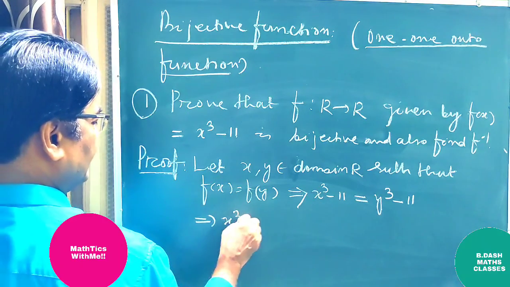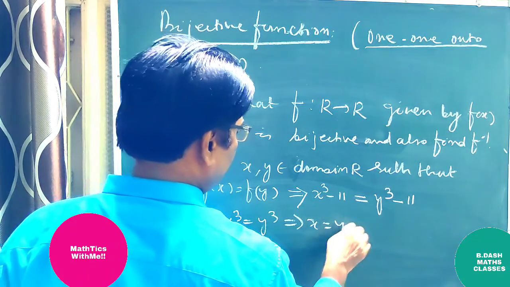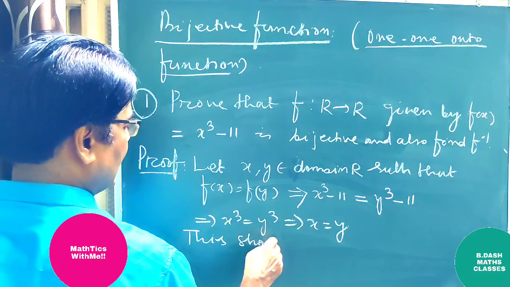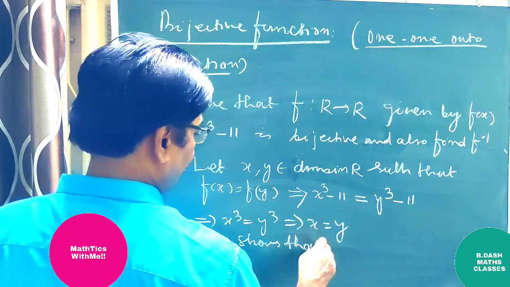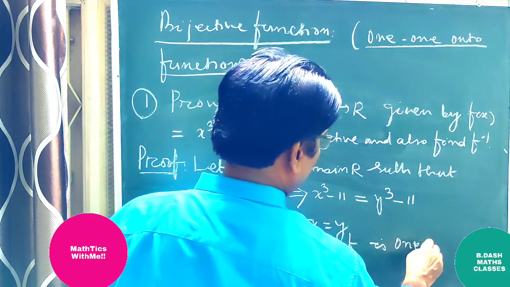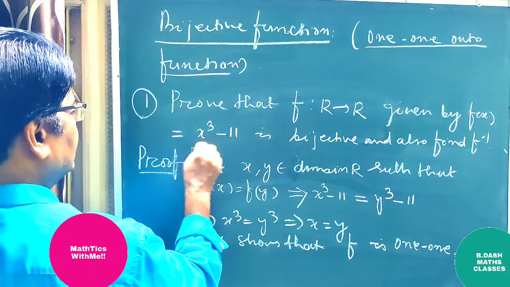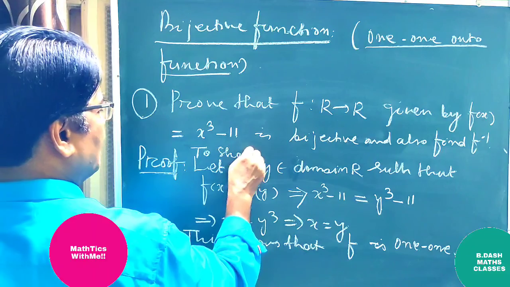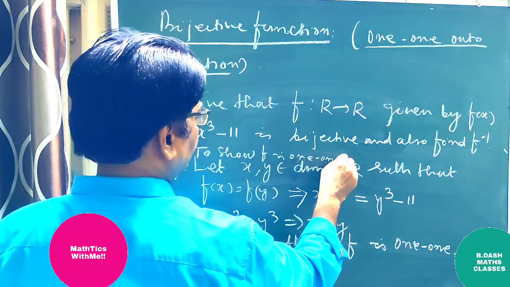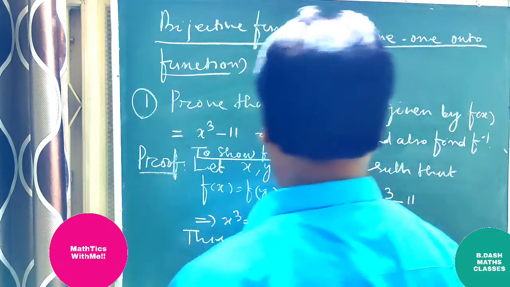This implies x cube is equal to y cube, x is equal to y. So what it shows? This shows that the function f is one-one. So we have proved the function f is one-one.